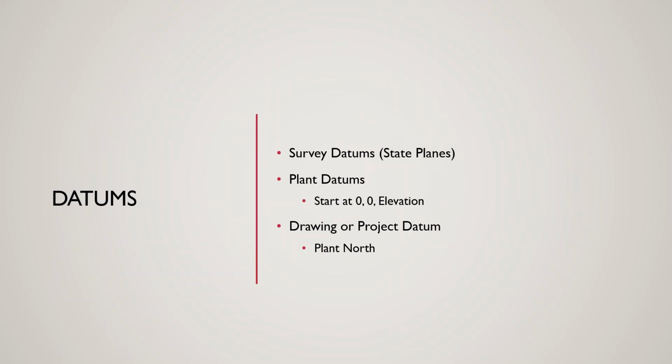So then you have to decide, do I want to go to a plant datum? If you have a plant location, it's often good to have a plant datum, and that's usually something you want to ask about up front.